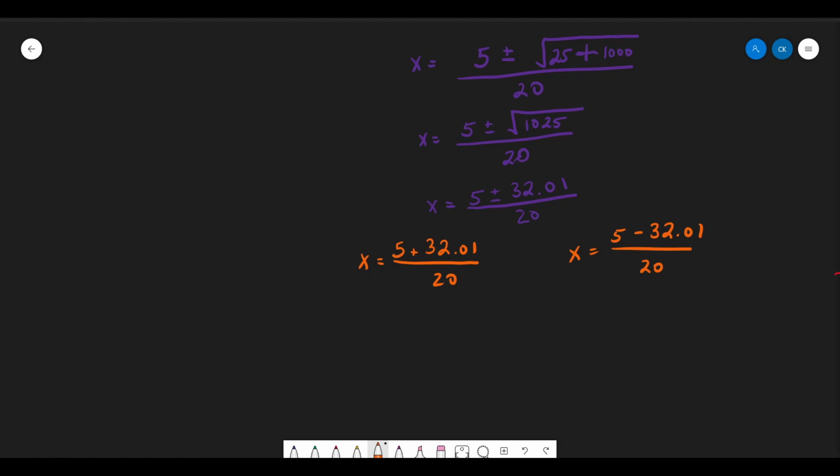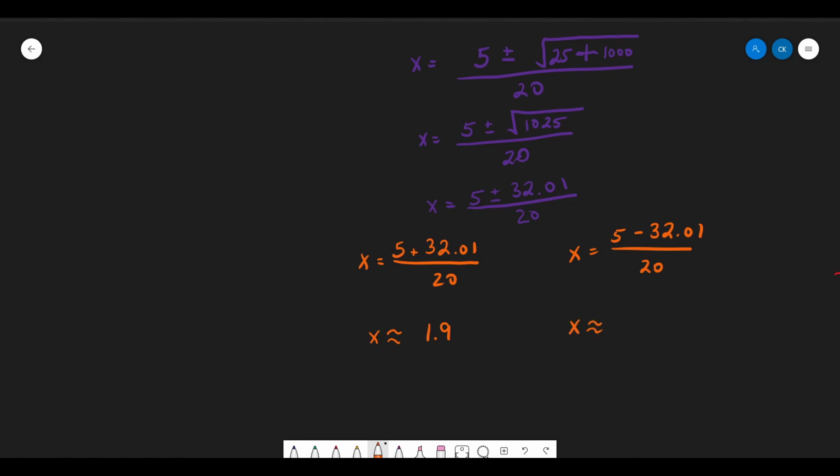So in the left one, we do 5 plus 32.01. That's 37.01. We divide that by 20. We should get that x is approximately positive 1.9. I was looking at the other one for a second. So this one's a positive 1.9. Then we come over here. We do the same thing. 5 minus 32.01 divided by 20.